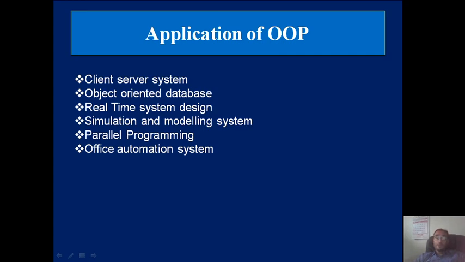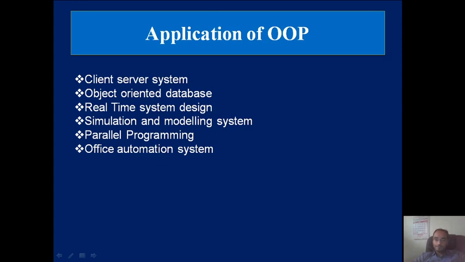Object-oriented databases are also a good application. Instead of storing data in a file, or as records, we can create a database object and provide data security by creating an object-oriented database system.